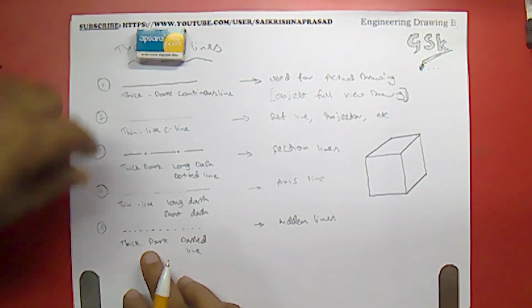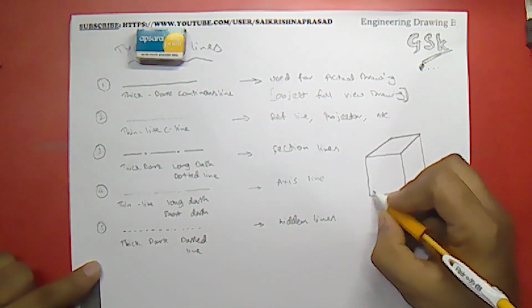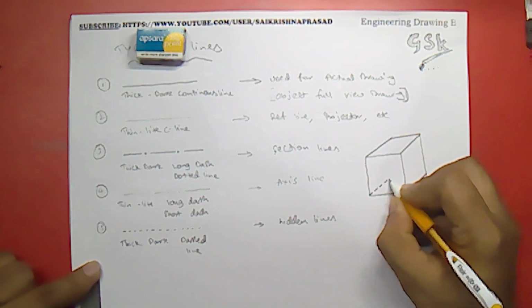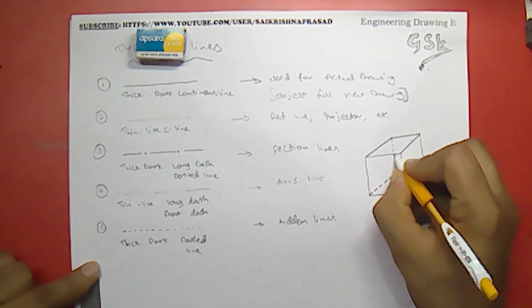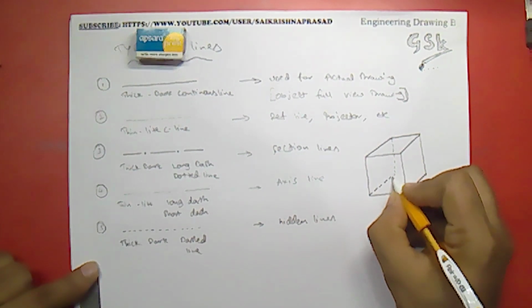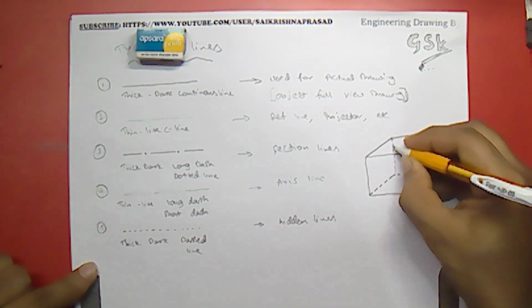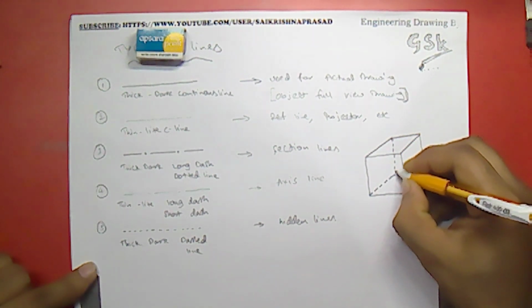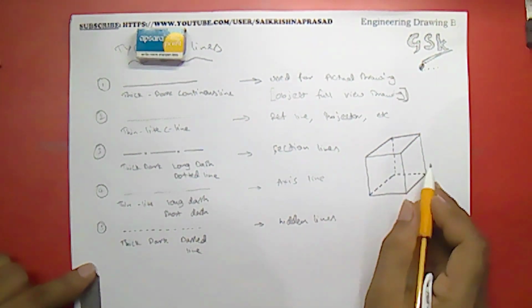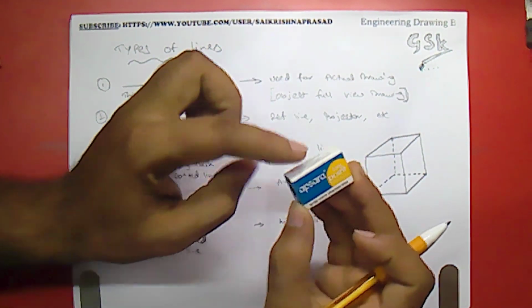For that purpose, I'll be using thick dark dash lines. These are the hidden lines showing the back side of the object.